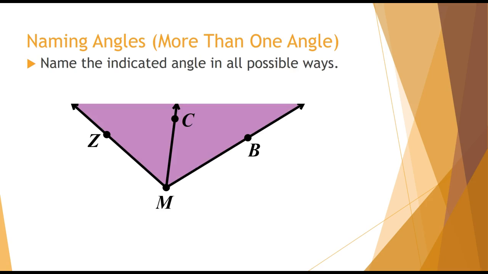So, how would you name the indicated angle in all possible ways? How would you name the largest angle? The only 2 legal names would be angle ZMB or BMZ.